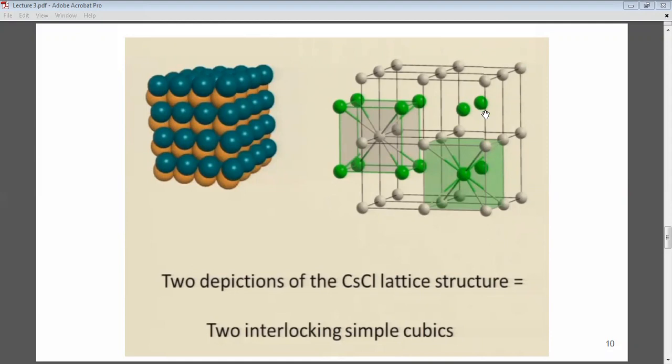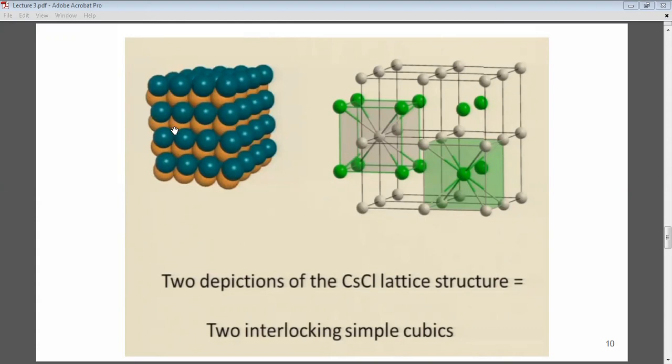This cesium chloride structure is quite common in nature, and this is why we study it. Over here, this is another way to see it. The blue ones are cesium, for example, and the brown ones are chlorides. So if you only look at the blue ones, you see a simple cubic structure made up of cesium atoms.